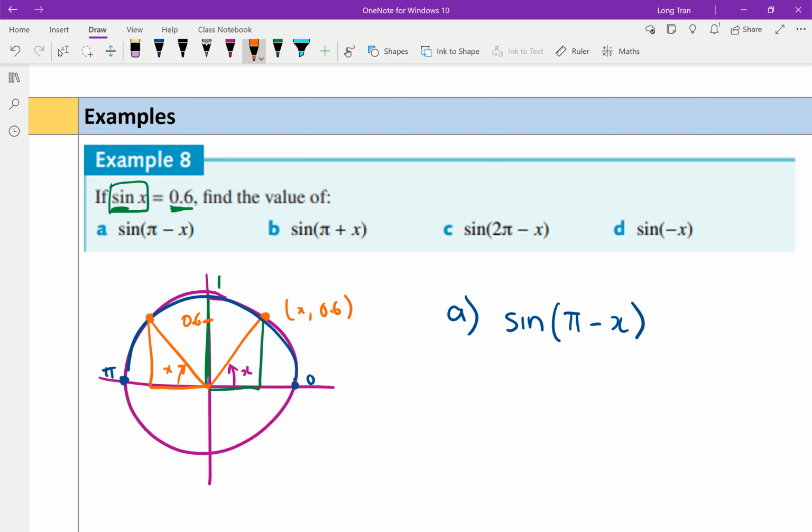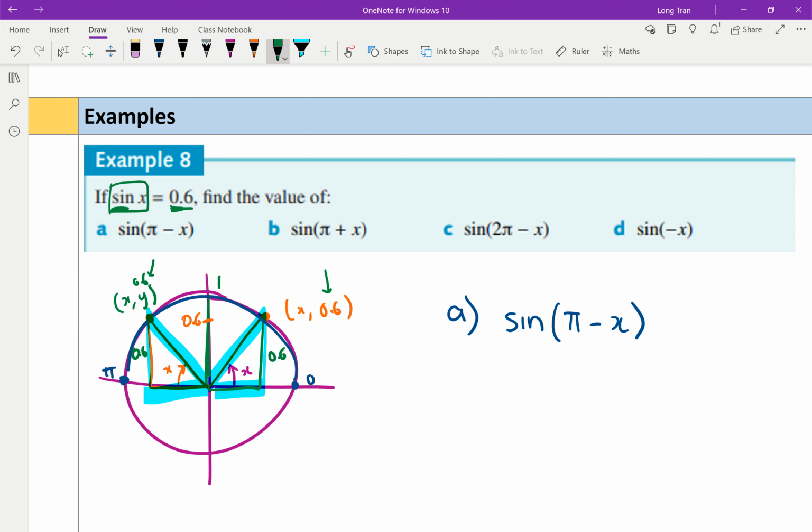Notice that since these two triangles are exactly the same, they have the same angle, so the height has to be the same. If this height is 0.6, this has to be 0.6, because these two are exactly the same triangle.